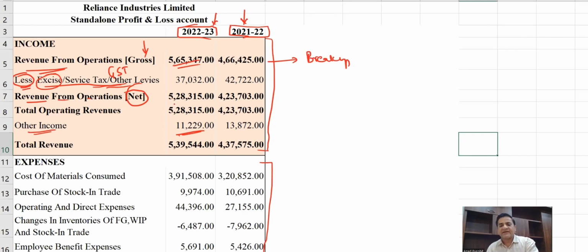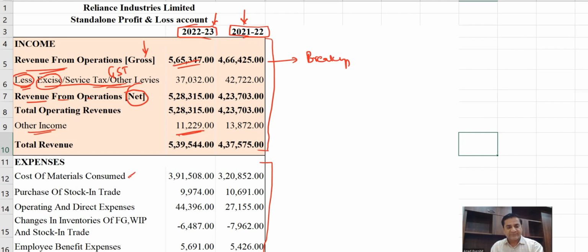This gives us a fair idea of what receipts have been generated from the operational activities and what revenue has been generated from the non-operational activities, which are nothing but the interest income and the dividend income, right? Then let's see what the expenses are.